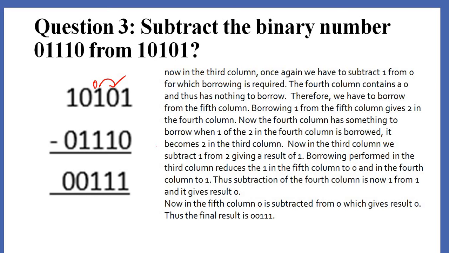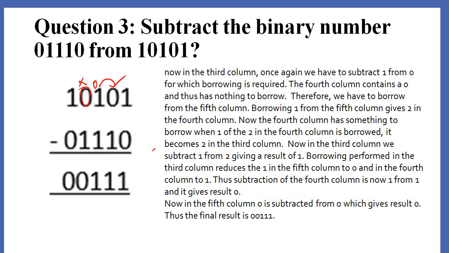We require a borrow of 1 from the next left column, but the fourth column contains a 0, not 1. Therefore the fourth column has nothing to borrow.